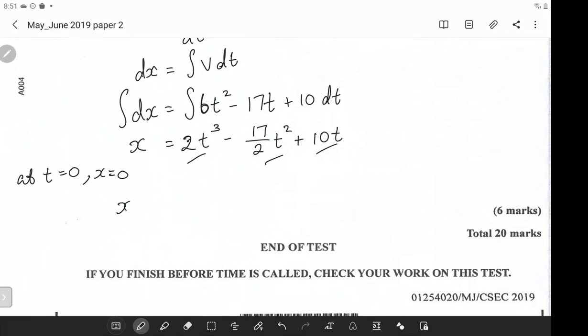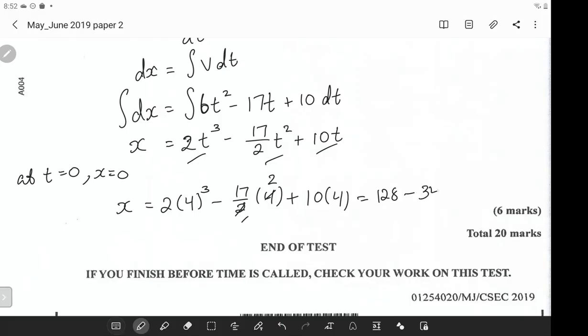So we have x in the 4th second, that is 2 by 4 cubed minus 17 over 2 by 4 squared plus 10 by 4. And what is this? All right, well, we could simplify it. 4 cubed is 64, by 2 that is 128, minus 17 by 2 by 16, that is 136, and then plus 40.